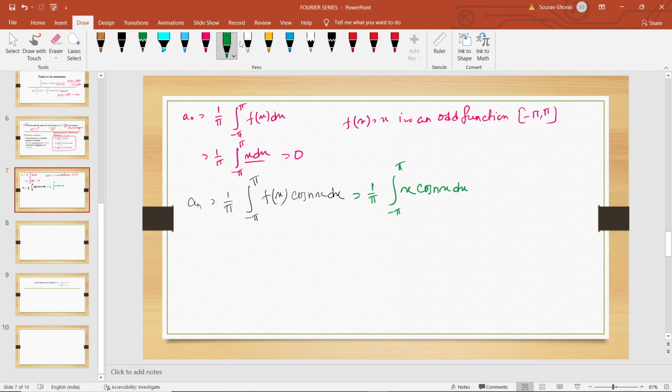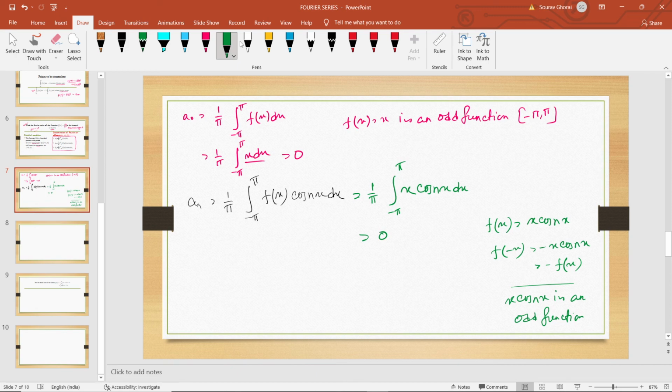And see here that if you consider f of x is equal to x cos nx, then f of minus x is equal to minus x cos nx, that is minus f of x. So we can say that this one is an odd function. So here x cos nx is an odd function, so it will be 0.